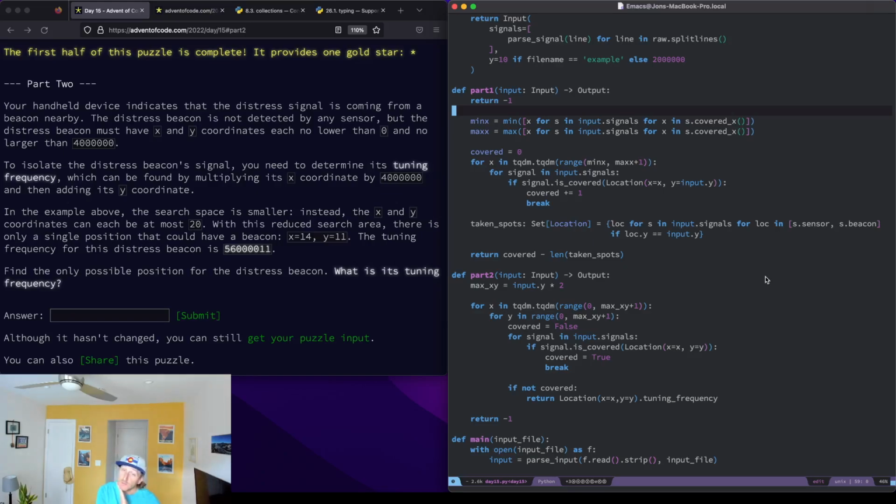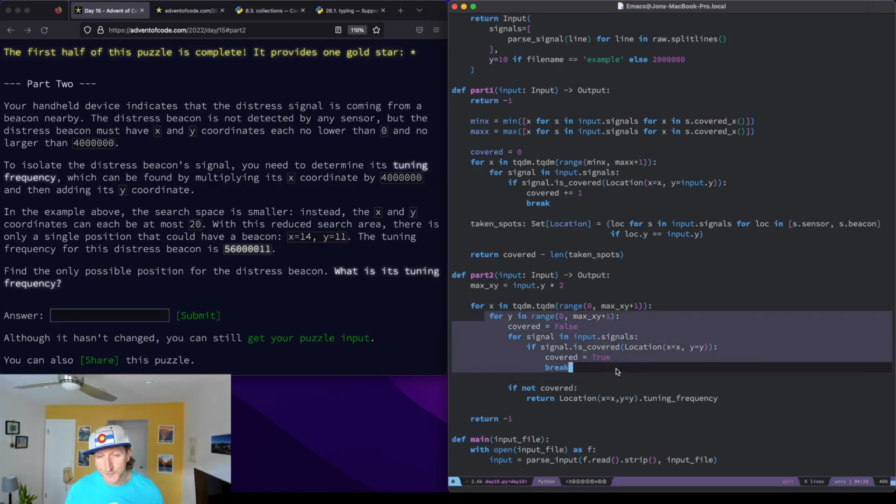Another thing we could do is make this check smarter. We could start on each row with y equals 0, and go through each signal and look for the coverage.